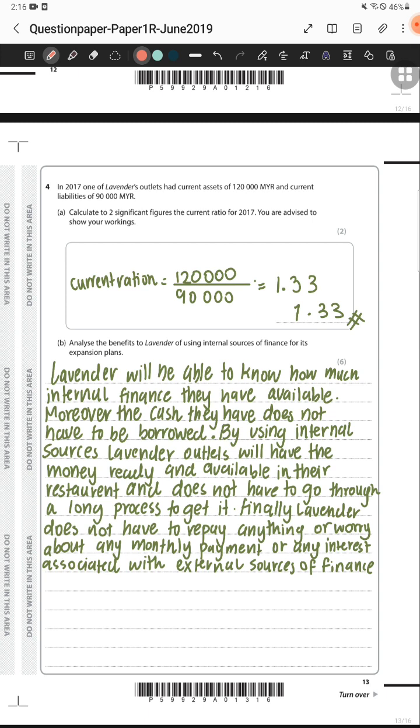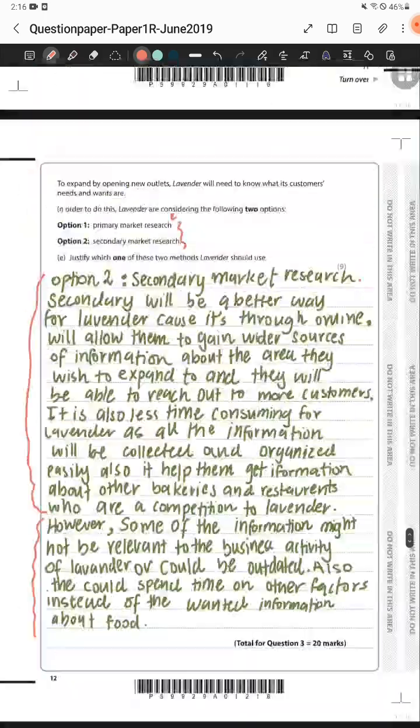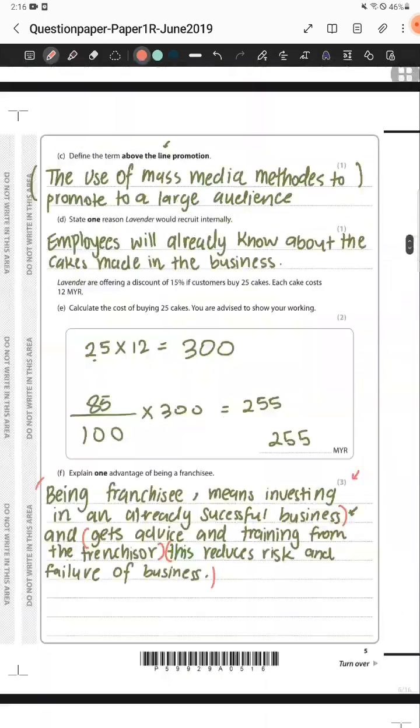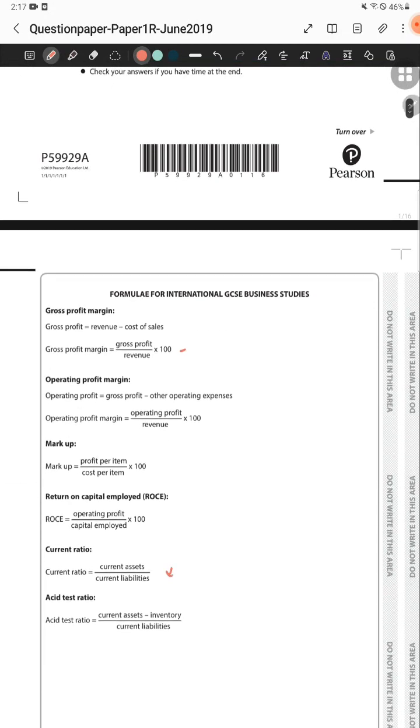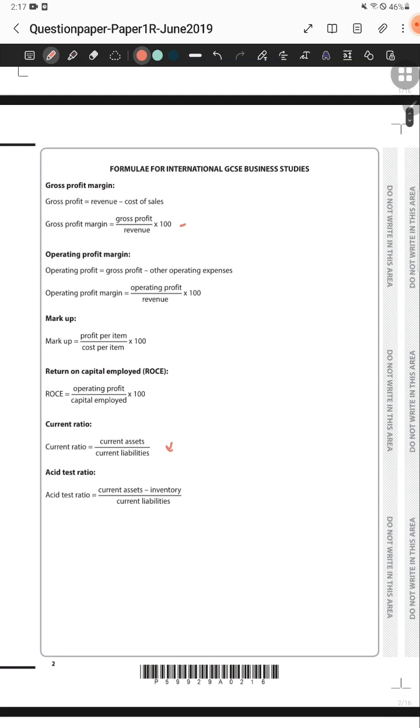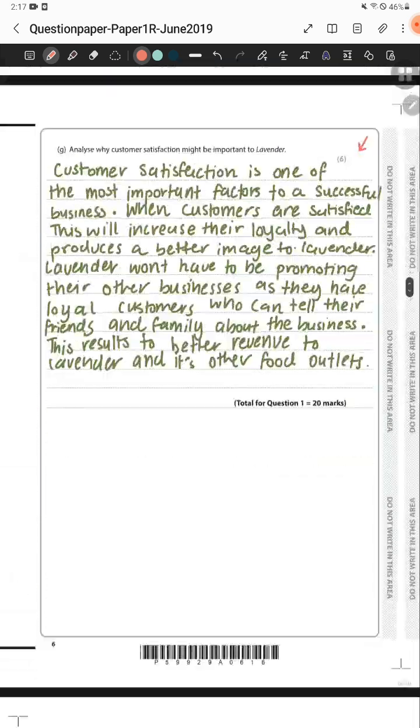So, current assets and current liabilities in 2017. Calculate the current ratio for 2017. You are advised to show working. Current ratio, wait, hold on, let me see if it's here or not, or else you have to memorize this. Yep, it's here. So it's basically current assets over current liabilities.